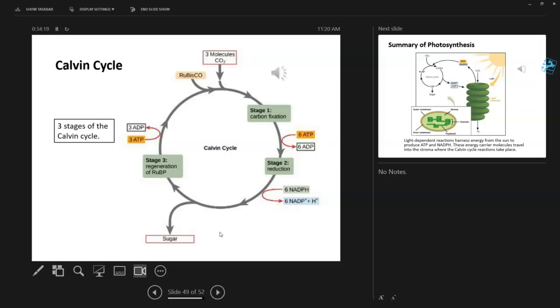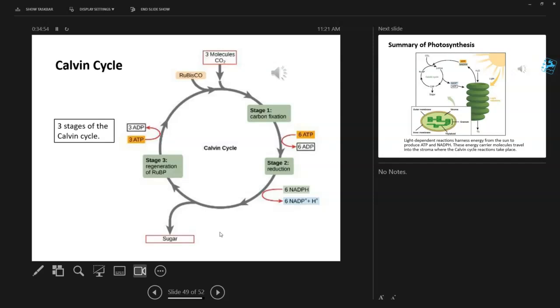So that's called reduction. But there will be some leftover molecules, and that's called RuBP, and that will be combined with some more energy from ATP to make a molecule which then combines with more carbon dioxide to continue the cycle.